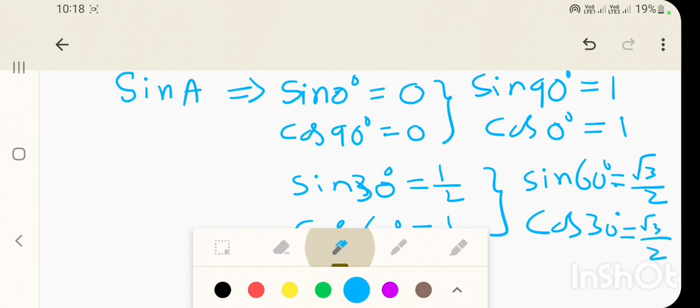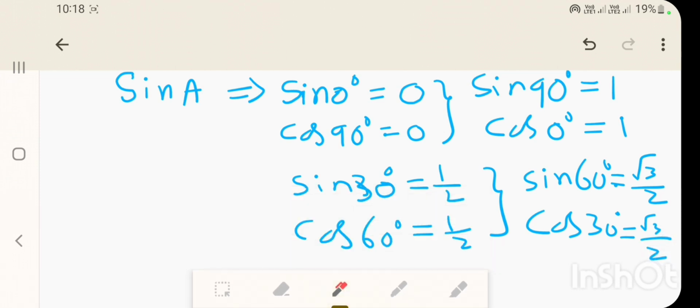So here if you observe the total angle, the sum of that is 0 plus 90, obviously it is 90 degrees. So the values for sine 0, cos 90 is 0. Similarly, sine 90 and cos 0 give you the same answer of 1 and 1.